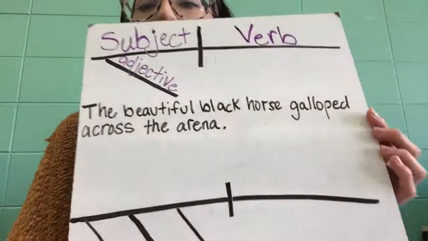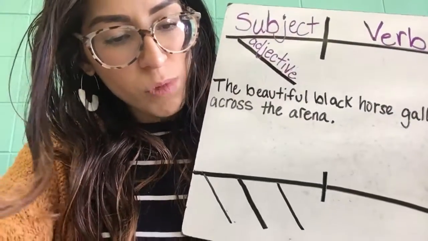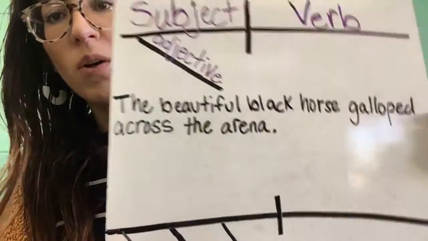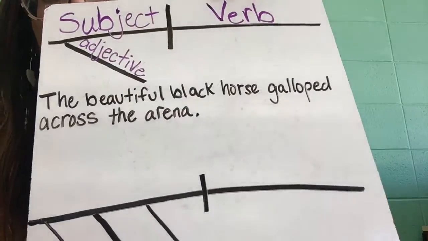So, number 1, let's read that together. Ready? The beautiful black horse galloped across the arena. I have that written down. So, let's go ahead and do this together. First, let's figure out our subject. What is our subject? That's right, it is horse.